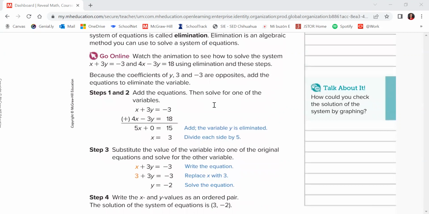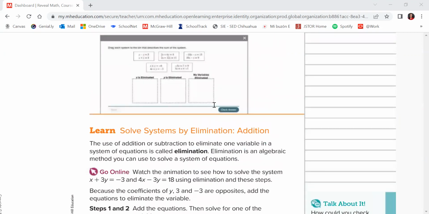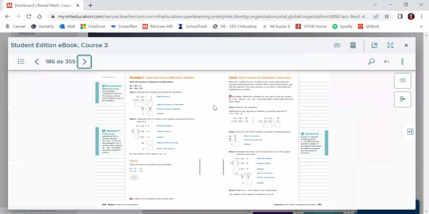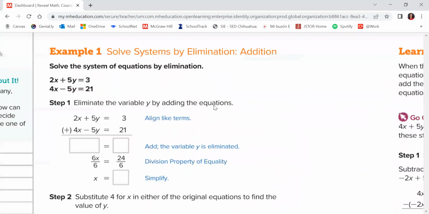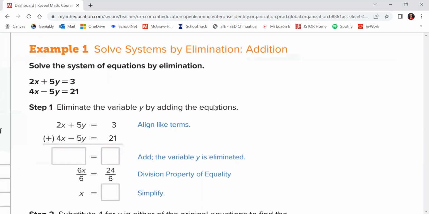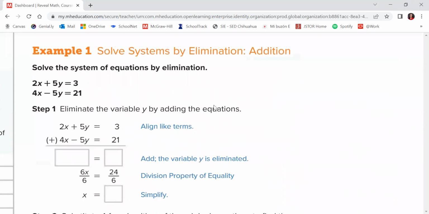And we're going to jump to example number 1. It says, solve a system of equations by elimination. Right here, we have this system of equations: 2x plus 5y is equal to 3, and 4x minus 5y is equal to 21. What we need to do is eliminate one of the variables.